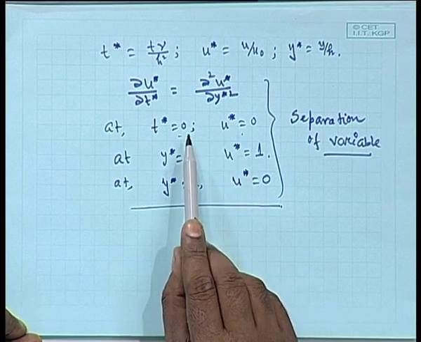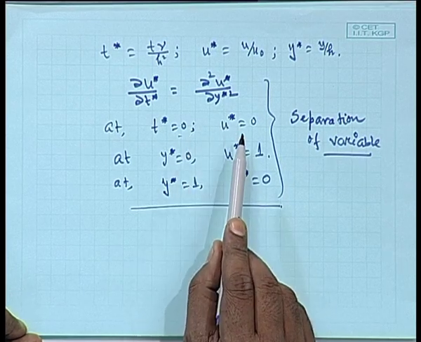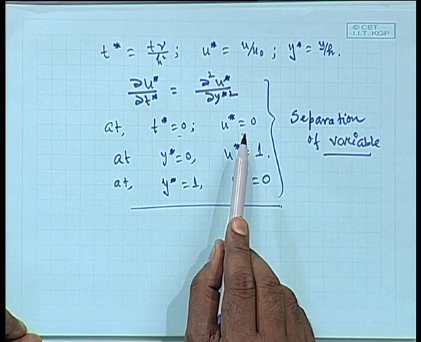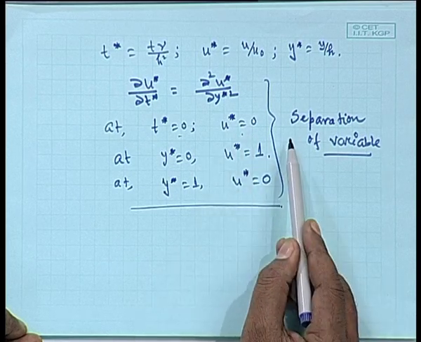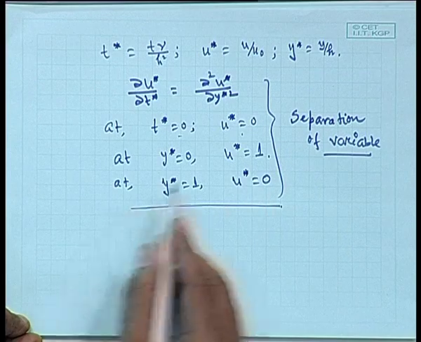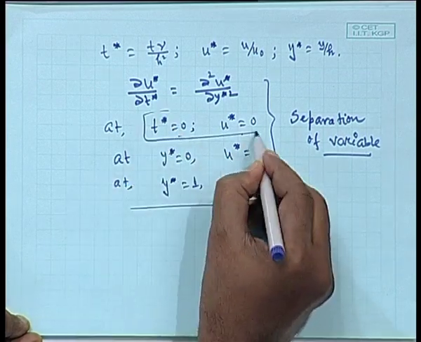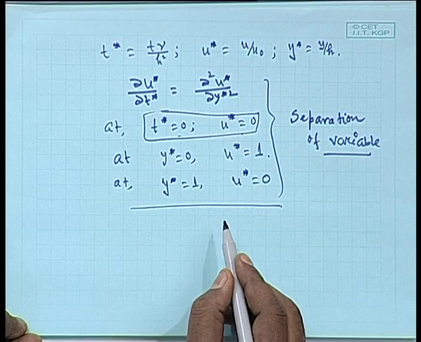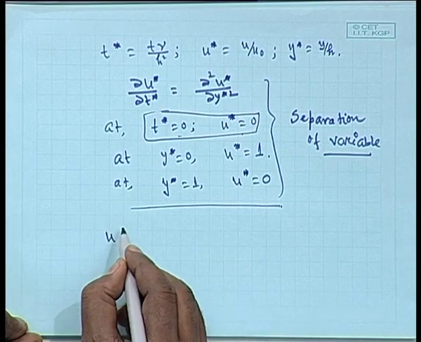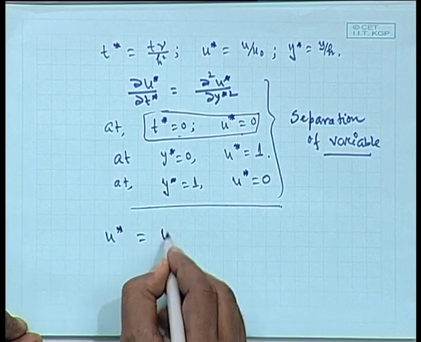One is time independent, that is the steady state solution, which will be a function of y only. Another will be time dependent as well as space dependent. That means, since you are having a 0 initial condition, you divide this problem into two sub problems.